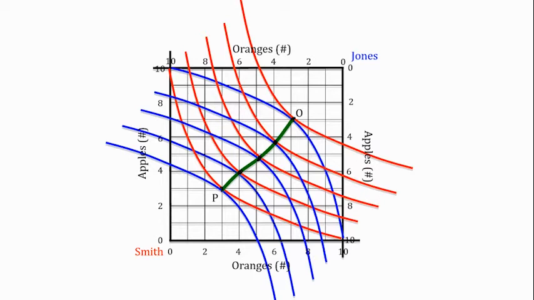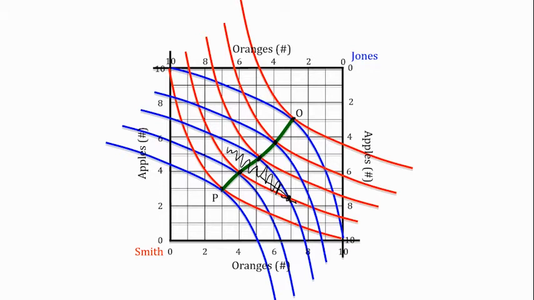The best way to see that is to move away from one of these points to a point, let's say, like this one here. If we're at this point, notice that Jones and Smith's indifference curves don't just touch each other, they cross. And as a result of the fact that they cross each other, it creates this lens.